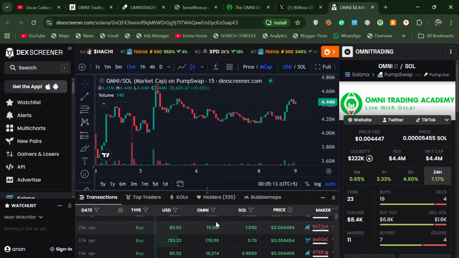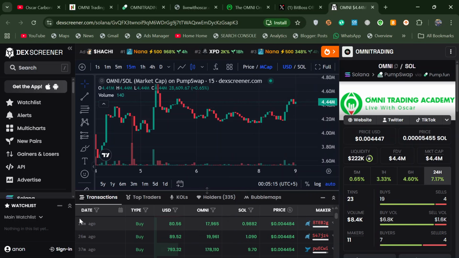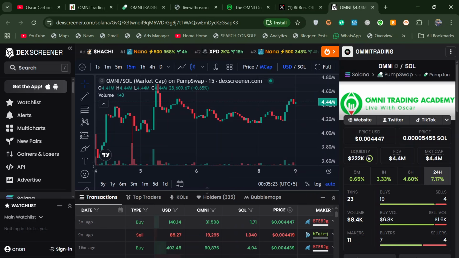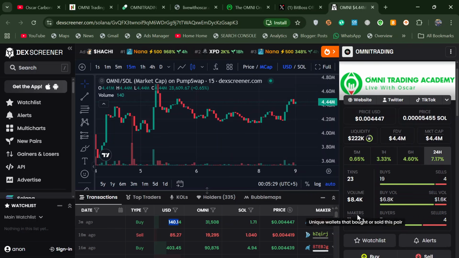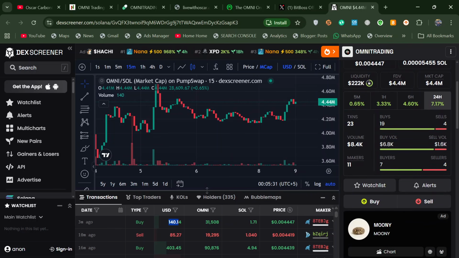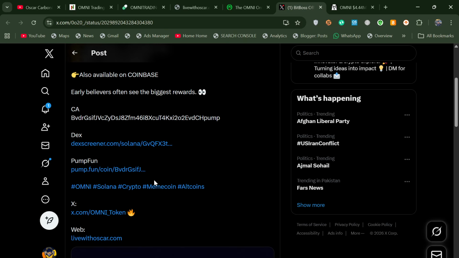At the bottom you can see all the transaction records: around 23 minutes ago, an $80 trade to buy 17,965 tokens, and around 30 minutes ago a $140 trade. All these trades are running on this site, and today's volume is around $8.4k. It is also available on DEX, pump.fun, Coinbase, and other options.